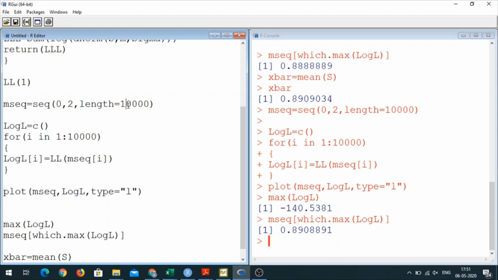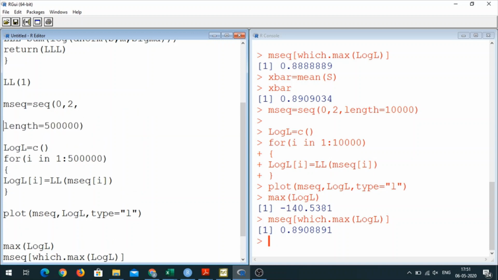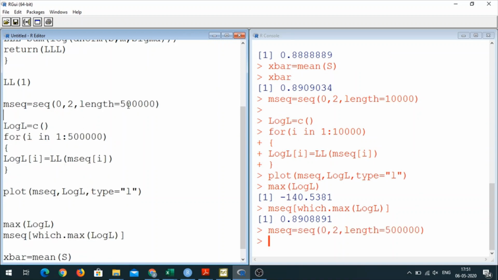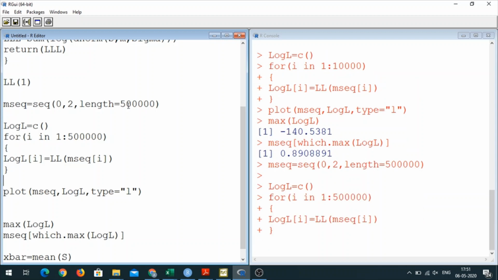Instead of 10,000, if I make it say 5 lakh, then let us see what happens. Oh, sorry. It takes slightly more time to run. Okay, because I'm on a laptop, not on a workstation, so it's definitely going to take time.